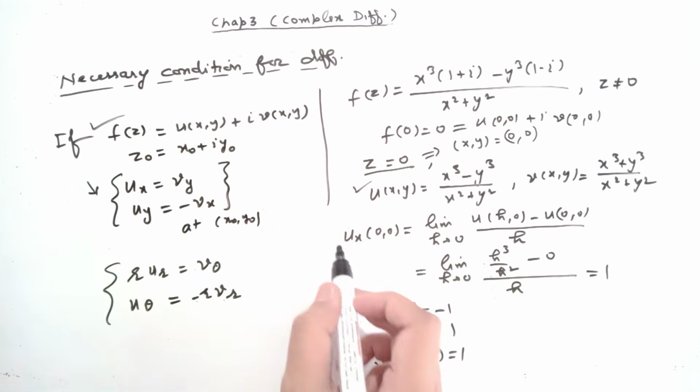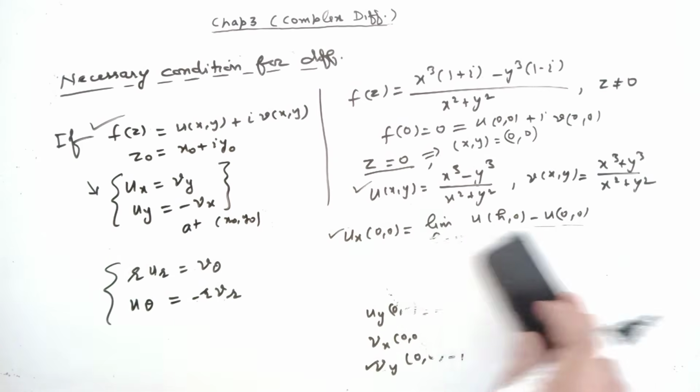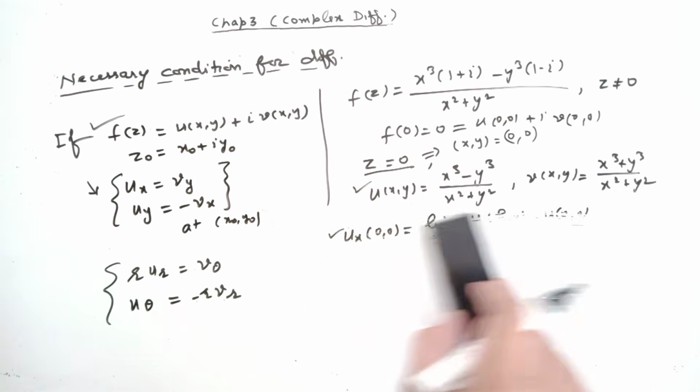So what do you say? ux equal to vy, first equation is satisfied, and uy equal to minus vx. So the CR equations are satisfied at z equal to 0, that is (x,y) equal to (0,0). But this function is not differentiable at 0. Let's see how.